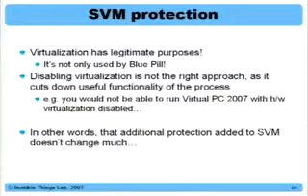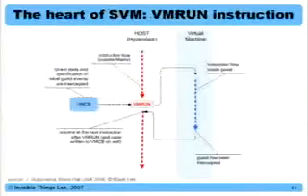However, we don't believe that disabling virtualization is a proper way to protect against Bluepill-like threats, just because virtualization has lots of legitimate usages. It's a great technology. For example, Virtual PC 2007 already uses hardware virtualization extensions. And in the next 2 years, we'll probably see more and more applications making use of hardware virtualization. So disabling virtualization is like saying, let's disable your network card so you'll avoid network attacks.